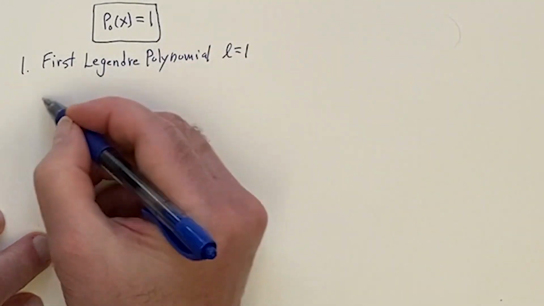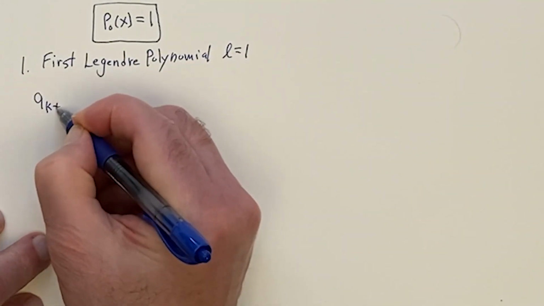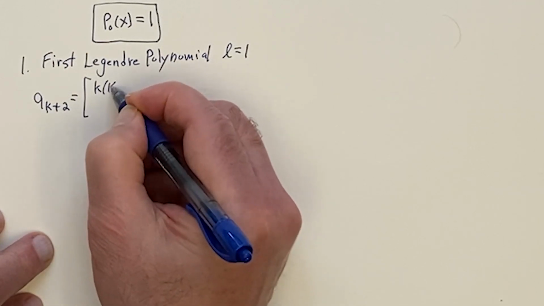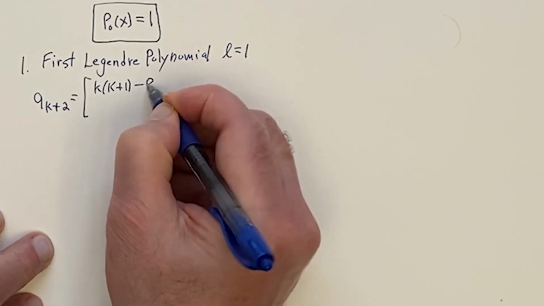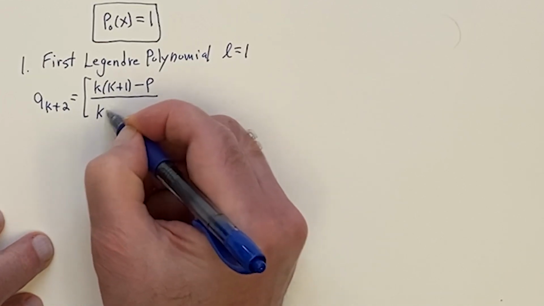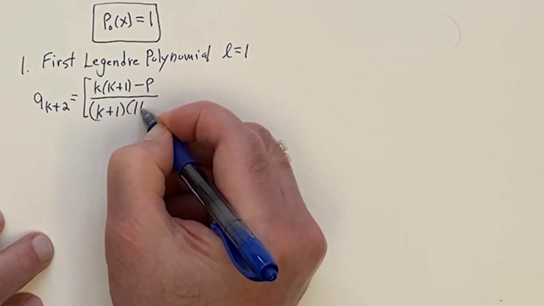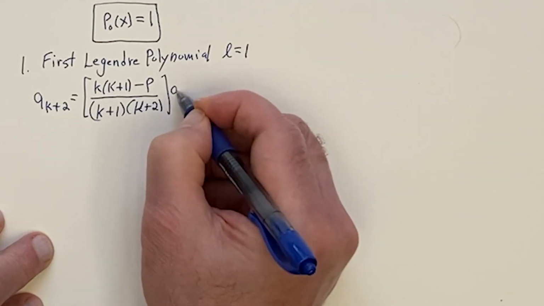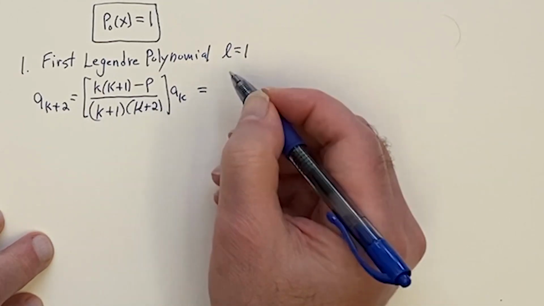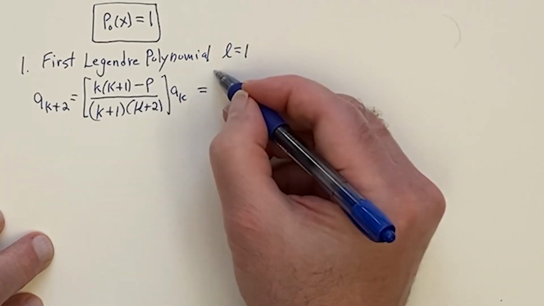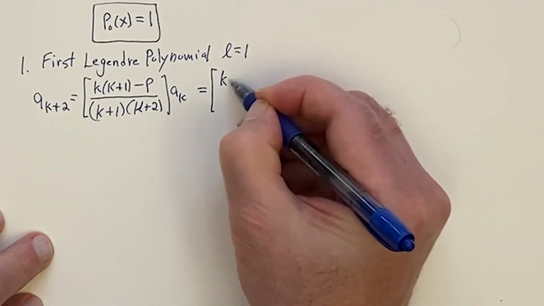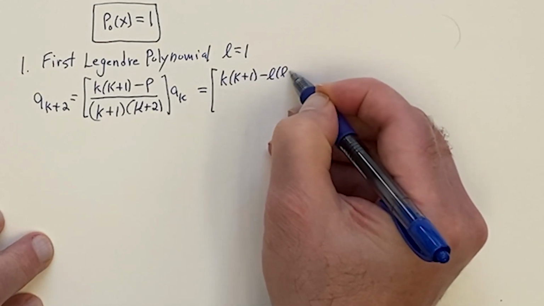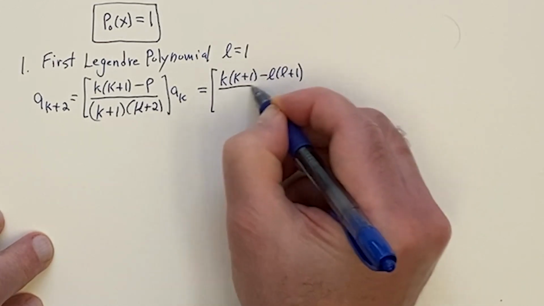Now, when you look at this equation that we have at the top of the page here, I'm going to go ahead and write this over again for you. You often see the P here being replaced by the L plus 1 in this general formula.